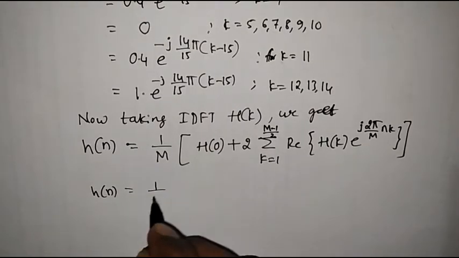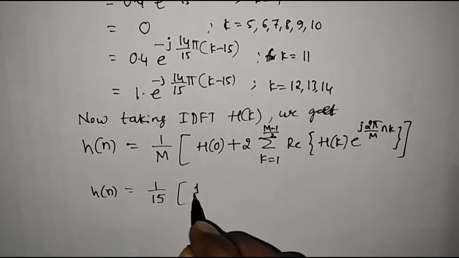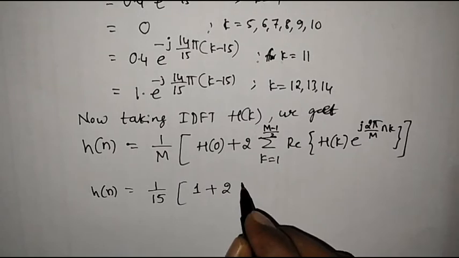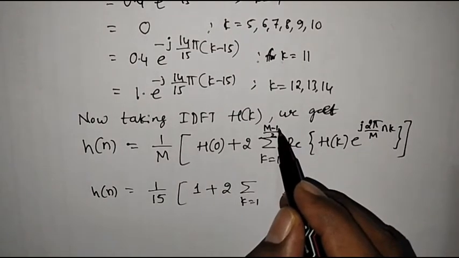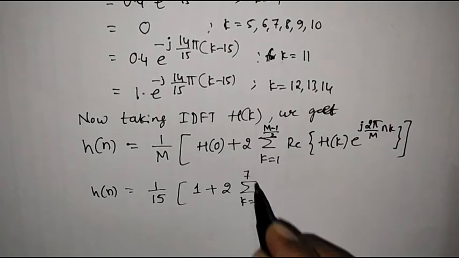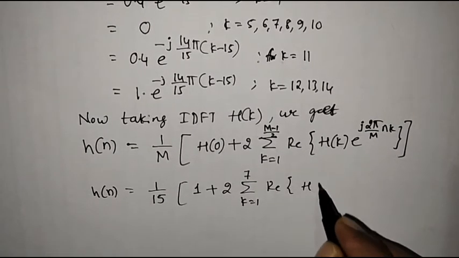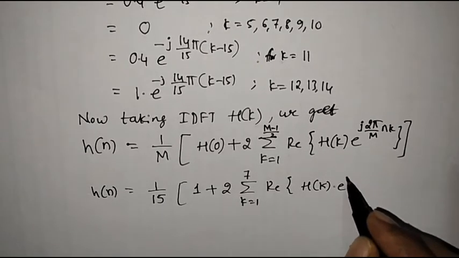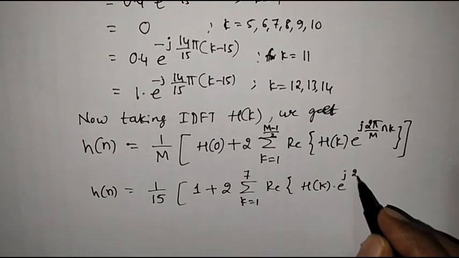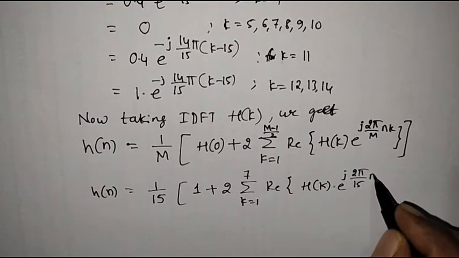Here m is 15, so I can write it as 1 upon 15, h of 0 value is 1 plus 2 summation k varies from 1 to (15 minus 1) by 2, that is 1 to 7, real part of h of k e power j 2 pi by 15 n k.